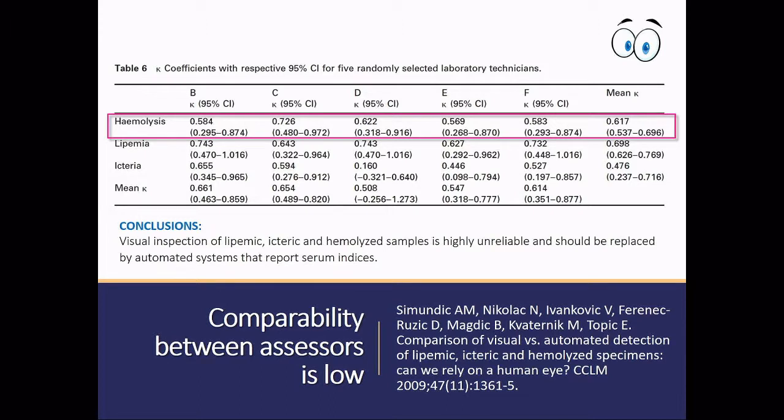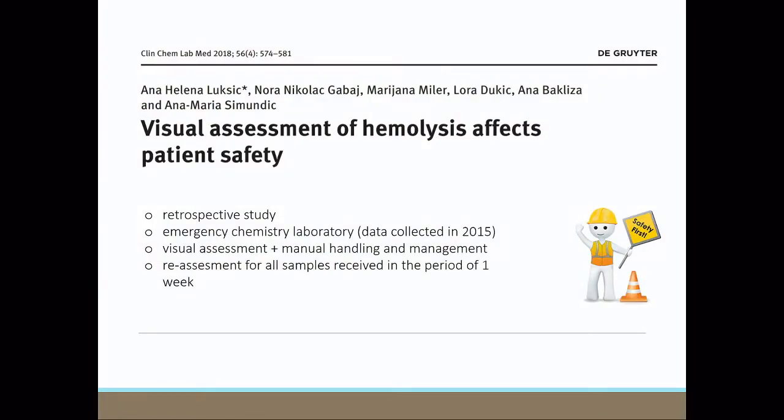And this has been demonstrated by this study, not only for hemolysis, but also for lipemia and icterus as well, by the very poor kappa coefficients between different raters. So the conclusion from this study for us was that visual inspection of lipemic, icteric, and hemolyzed samples is highly unreliable and should be replaced by automated systems that report serum indices.